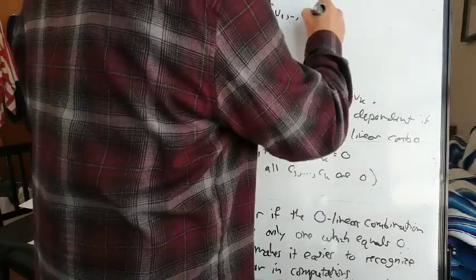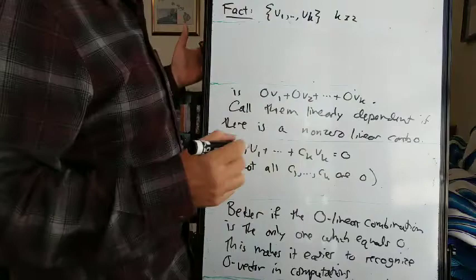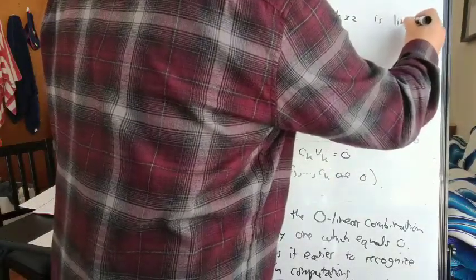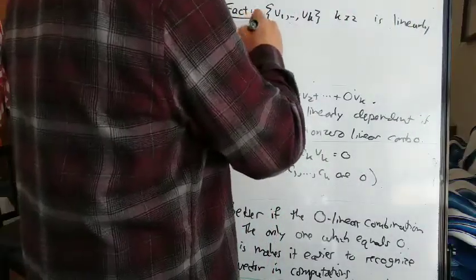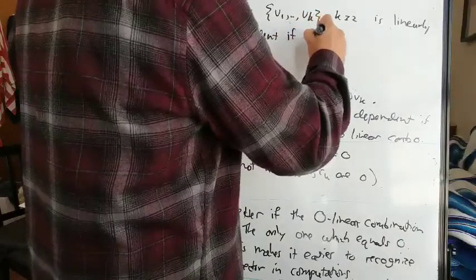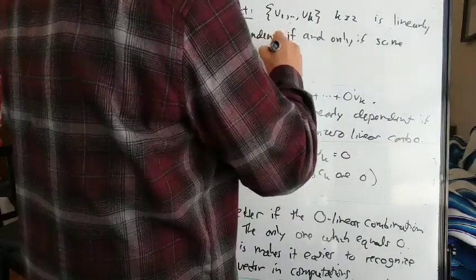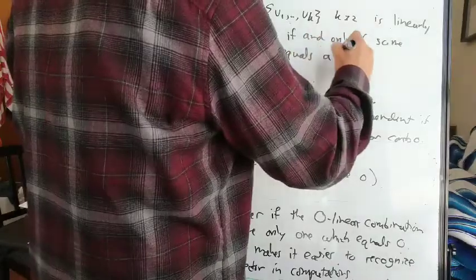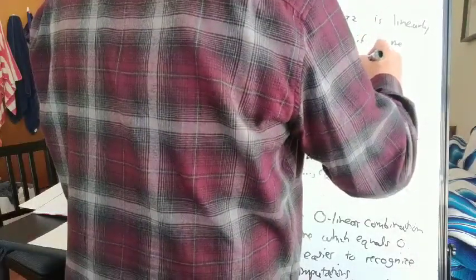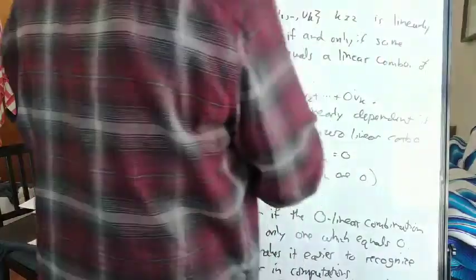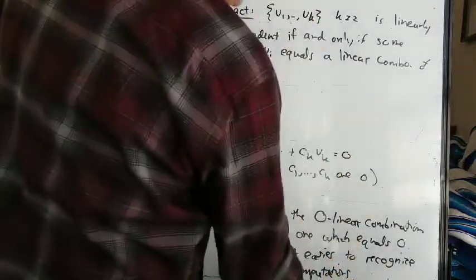It's a fact that a set v1 through vk, I'm thinking of k as a number which is at least 2, is linearly dependent if and only if some vector vi equals a linear combination of the others, and which vector vi is usually not unique.